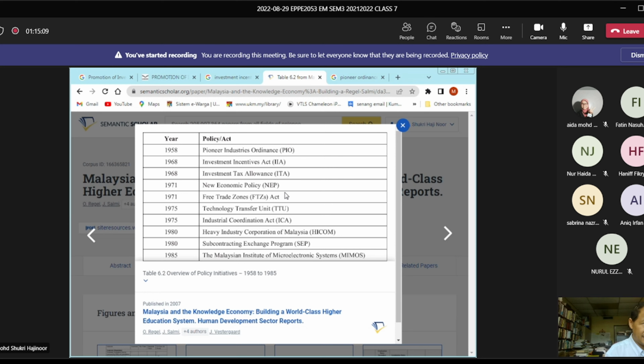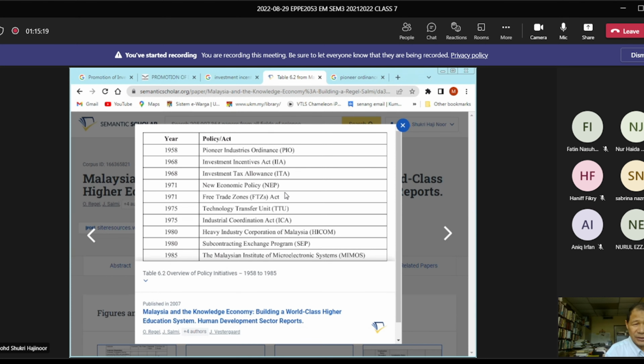So 1968 was the Investment Incentive Act, including investment tax allowance, all those. That was the beginning of the import substitution policy. In terms of policy, 68 was to boost import substitution.